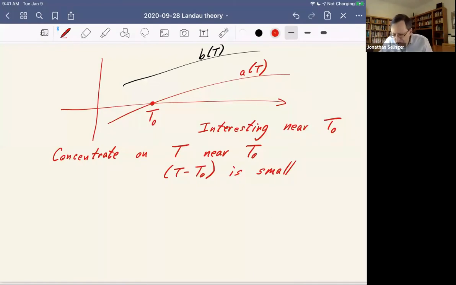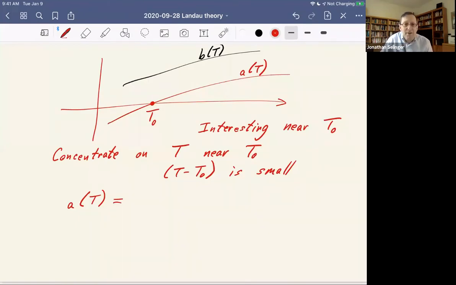In that case, we could express A and B as power series about T0. So we could say A of T is equal to a constant, the value of A at T0.